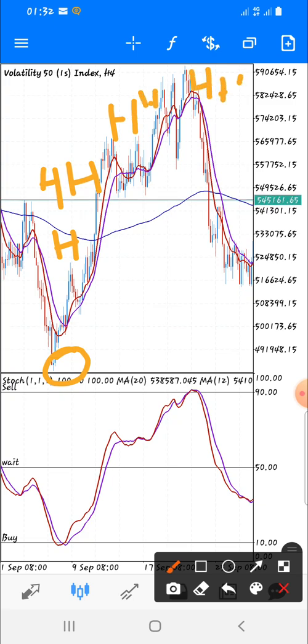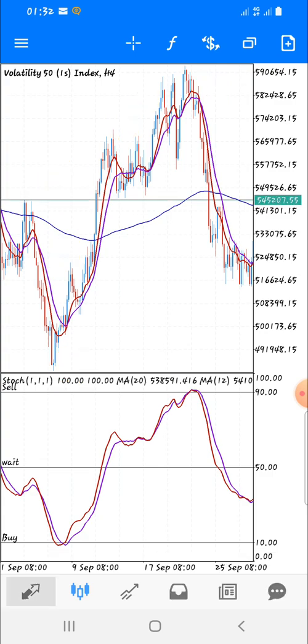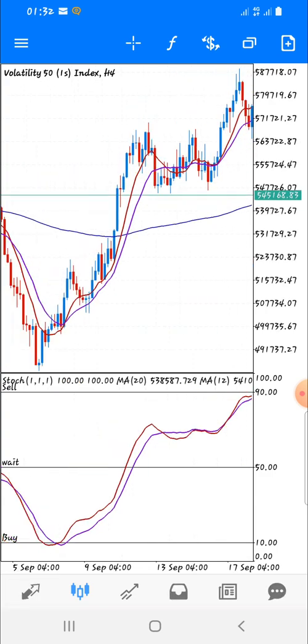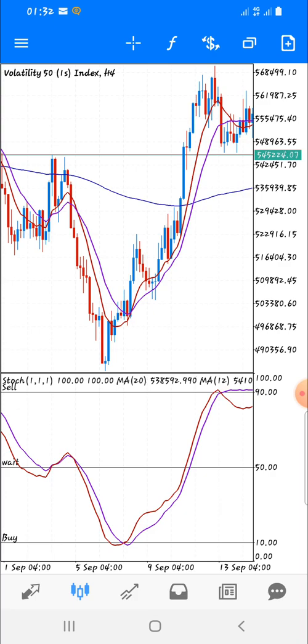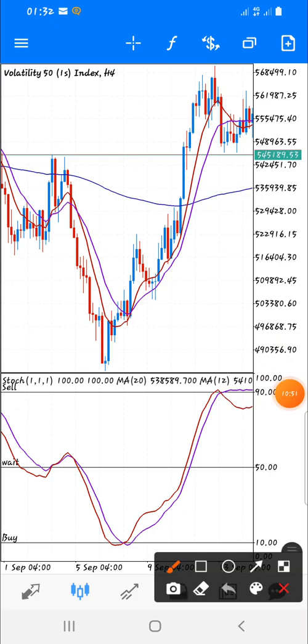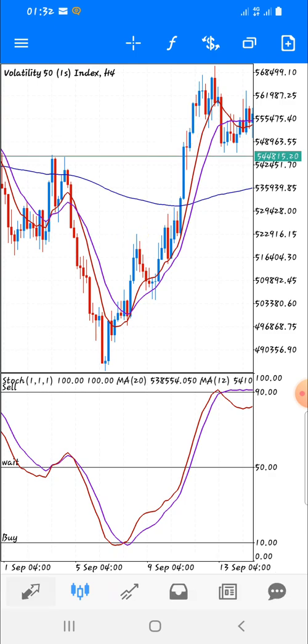So in this case, if we see the candlesticks opening a new higher price than the previous price, we see that the market is currently in bullish momentum.